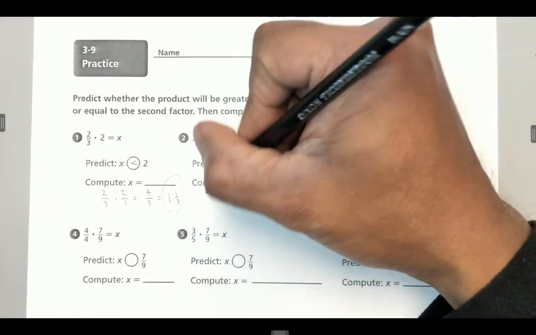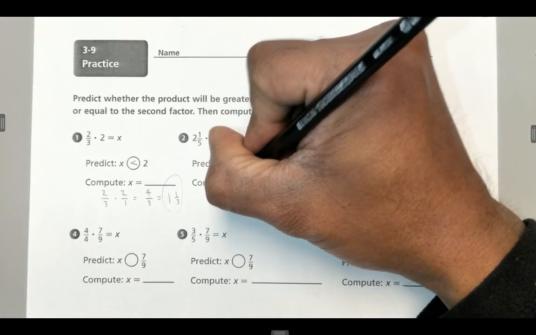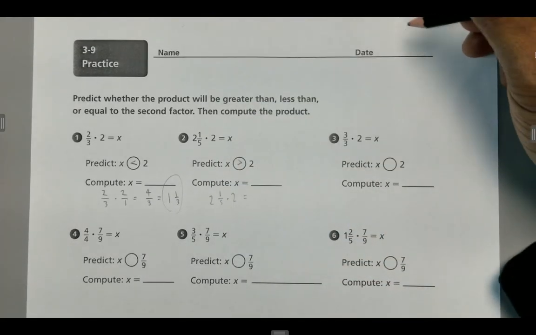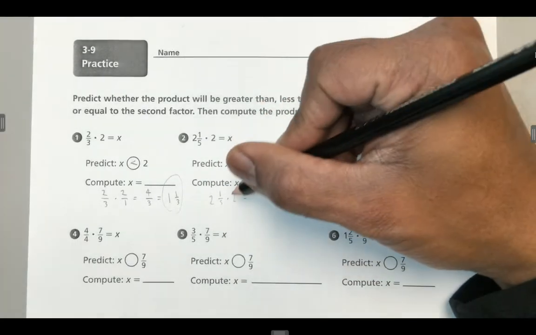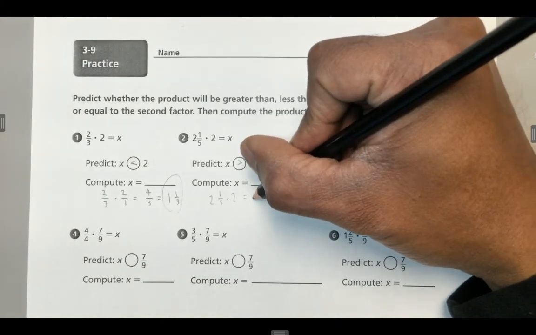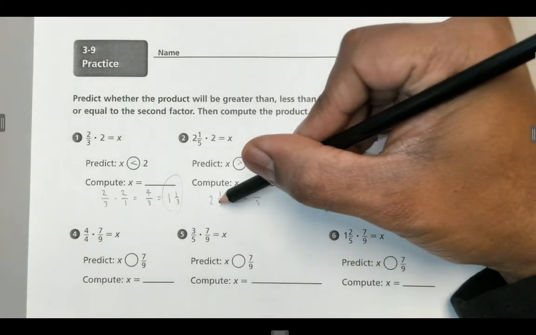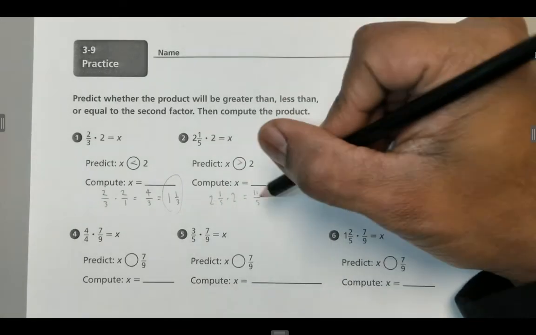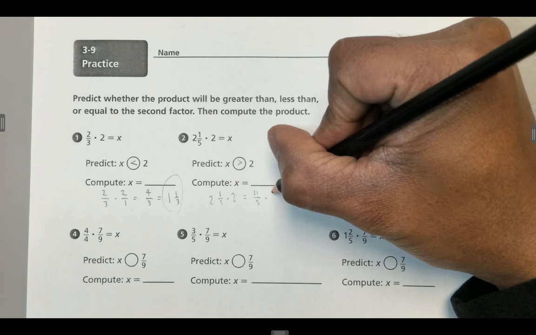Let's prove this. 2 1/5 multiplied by 2 is equal to, let's convert 2 1/5 to an improper fraction. 5 at the bottom. 5 times 2 is 10, plus the 1 is 11. Rewrite 2 as itself over 1.